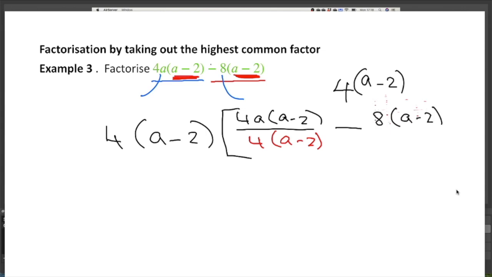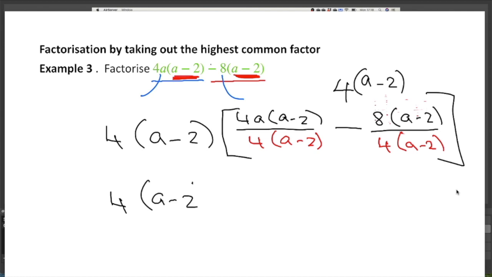I'm just taking everything that was there in the beginning and I'm dividing it by the highest common factor. All right. If you think you can do that in your head without writing it down, it's fine. You won't lose marks for not showing all those steps. So our HCF is 4 here, brackets a minus 2.